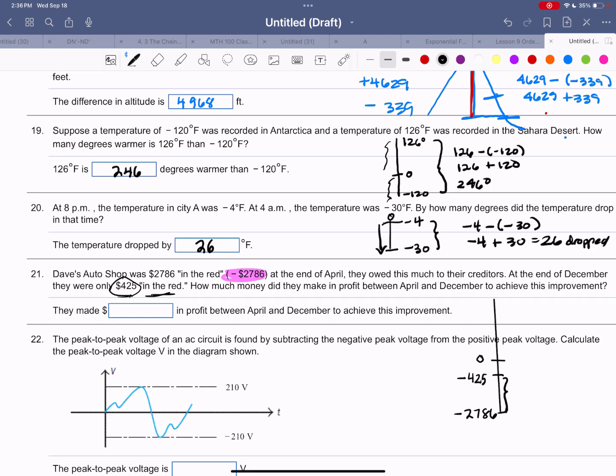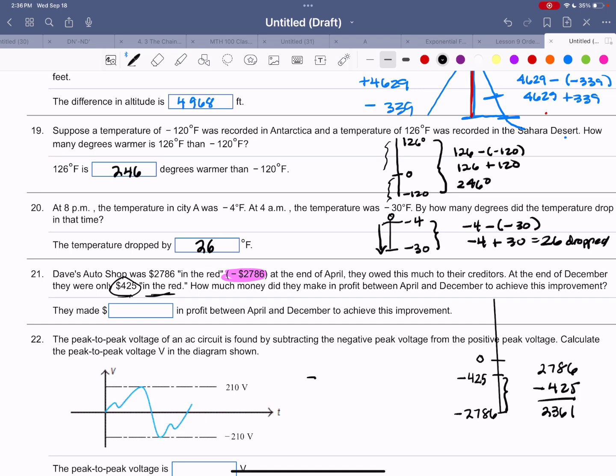Okay, so how much positive did they add to that in order to get up to minus 425? Okay, so 2786 minus 425. I'm going to think of it as positive for a minute. I think you'll see that makes sense. 2786 minus 425 is 2361.